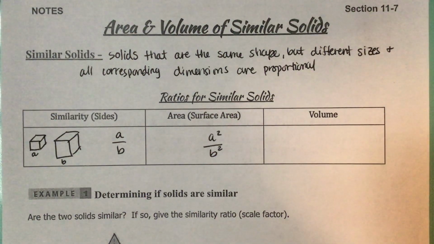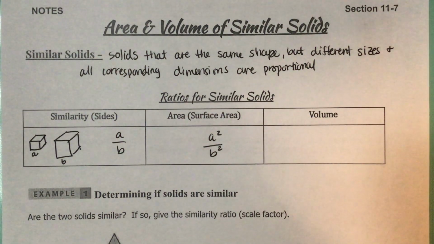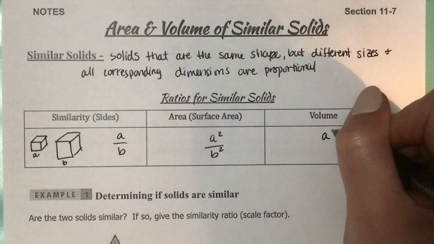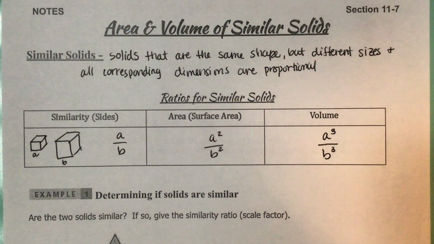A ratio is not always going to tell you the specific literal length or area of something. It's just going to tell you how it compares to something else. And then we have the volume ratio, which is A cubed over B cubed.